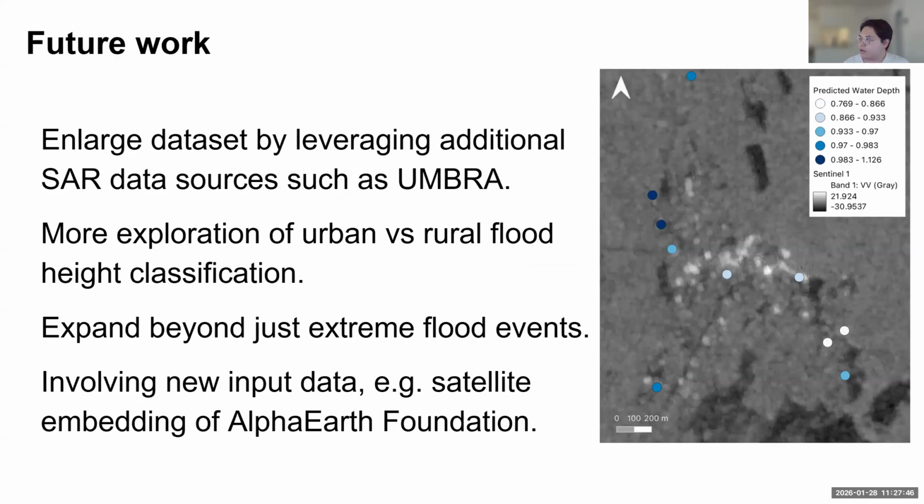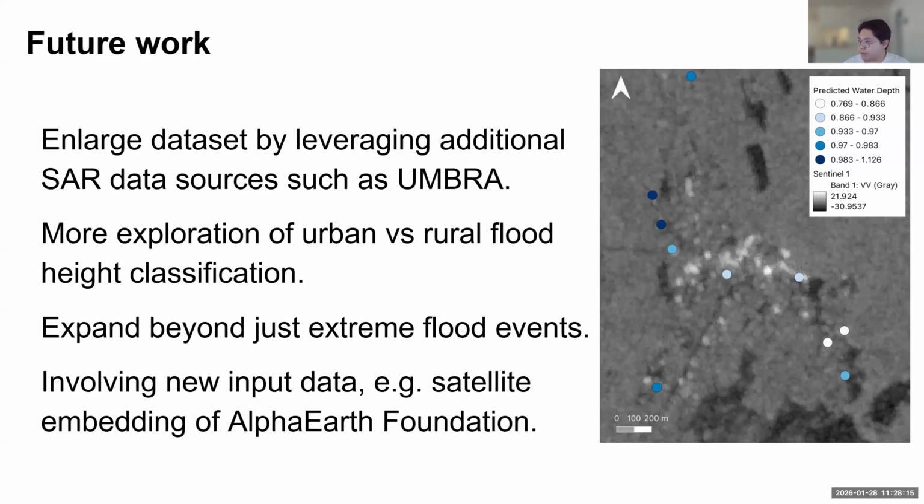As I said, enlarging the dataset by leveraging additional SAR data, such as Umbra, will significantly enlarge our base dataset, because of the scarcity that we mentioned, so that we have better alignment. We definitely want to explore urban versus rural flood height classification, because the current dataset relies heavily on urban data points, and making that distinction would be interesting.